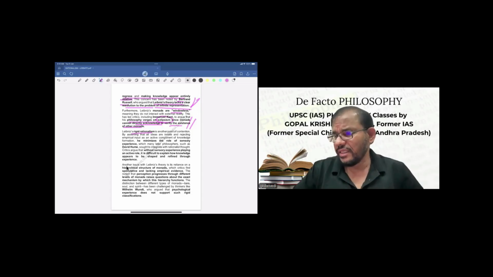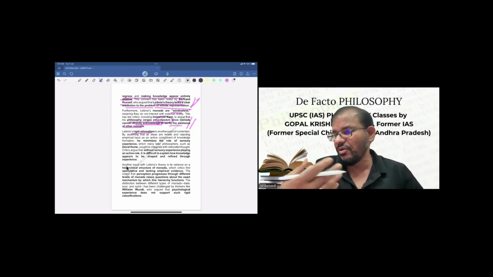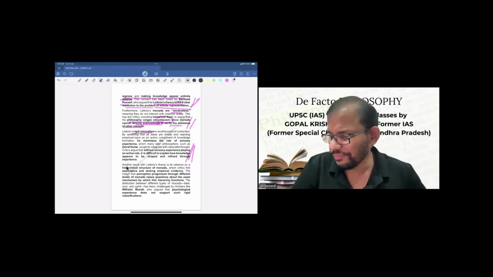So basically, there has to be a balanced view. Experience is always required, and mind is also required, which later philosophers have explained subsequently. So that is also a criticism, because Leibniz's philosophy is extreme rationalism. Definitely, extreme rationalism, totally rejecting sensory experience, is not a very sound epistemology, logically and scientifically also.